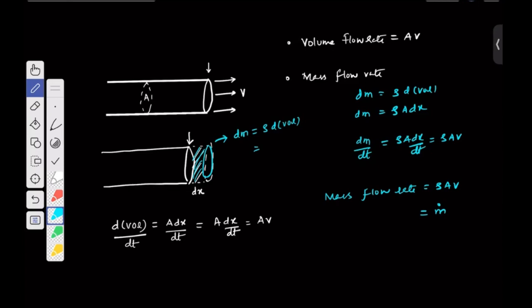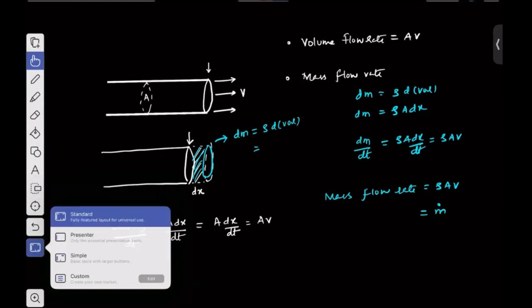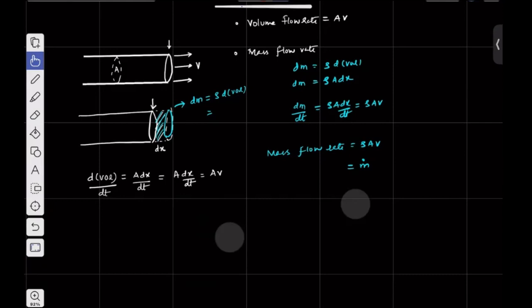Now, next, suppose I have incompressible flow happening in a tube. Suppose I have an incompressible fluid passing through, let me draw the figure first.